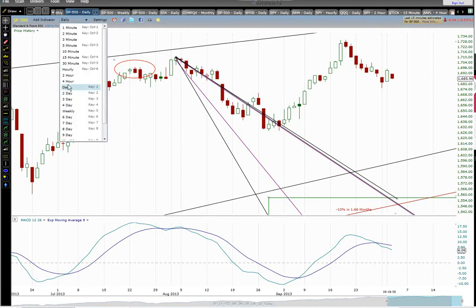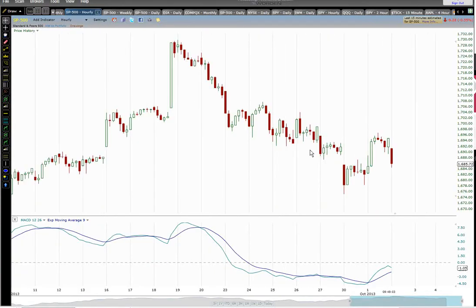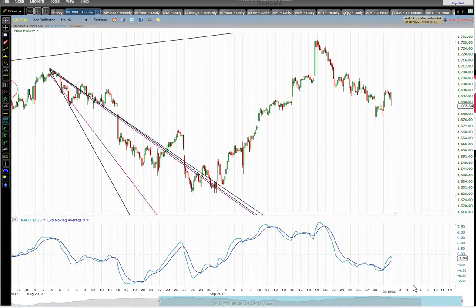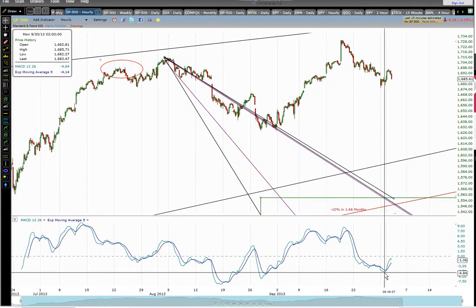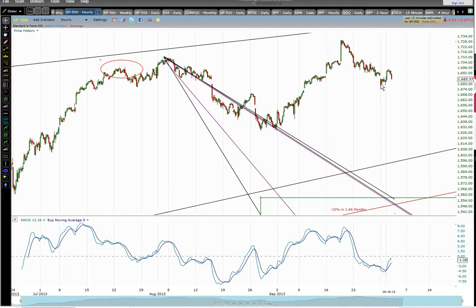Now, if we dial that down even into an hourly chart with yesterday's rebound, we can see that the hourly chart was relatively oversold on the MACD, though there was no classic type of divergence pattern at the lows here. So we saw the MACD hitting its lowest lows here as price was hitting its lowest lows.